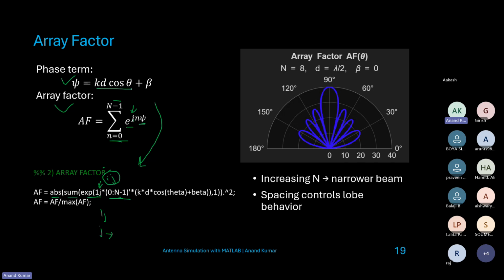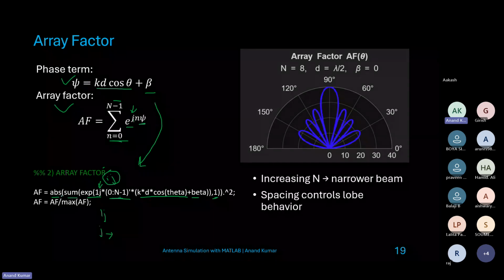So the psi is written as kd cos theta plus beta, and then you know 1 over here, and this whole thing is squared.